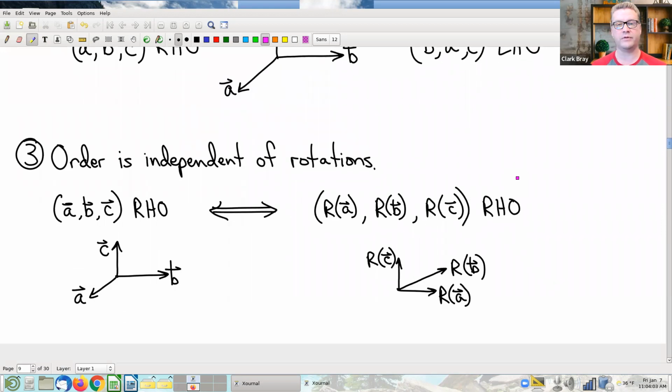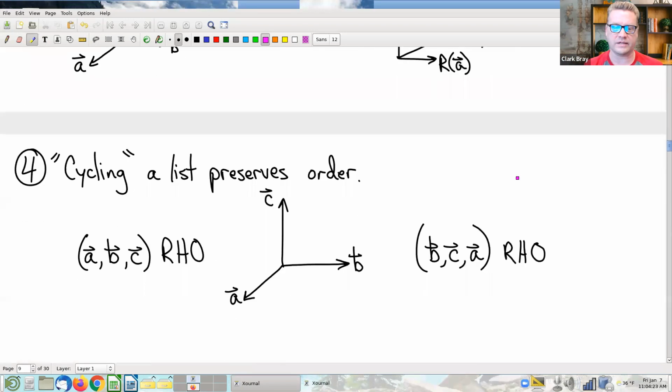Order is independent of rotations. Again, a pretty easy pitch. I can turn my right hand around however I like, and it still remains my right hand. So it has the exact same geometric properties that clockwise versus counterclockwise had. This is a three-dimensional version of clockwise versus counterclockwise. There is, however, a fourth property that I think is worth pointing out, and that is if you cycle the list.